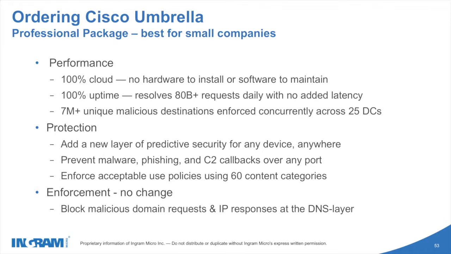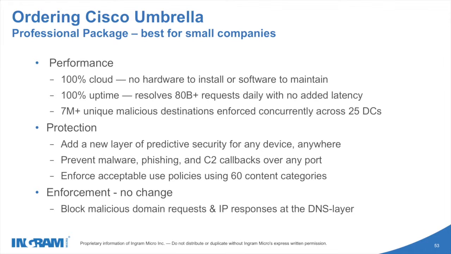Next, we're moving to the more advanced and feature-rich packages. First one is the Professional package. Obviously, we can achieve the same performance with every option: 100% cloud, 100% uptime, over 7 million unique malicious destinations enforced concurrently across 25 data centers.